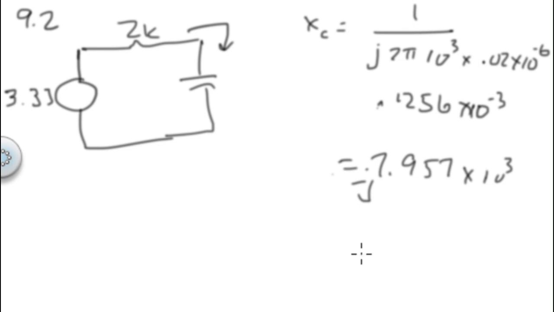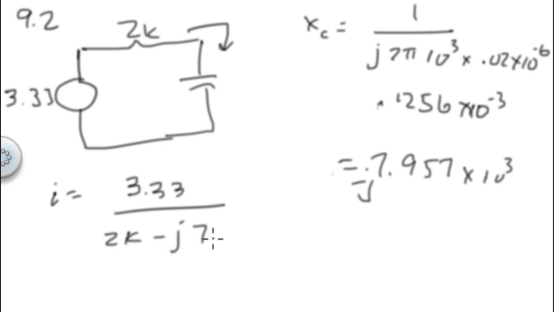So I have I is equal to 3.33 over 2.002K minus j 7.957K, and then my answer will be in milliamps.